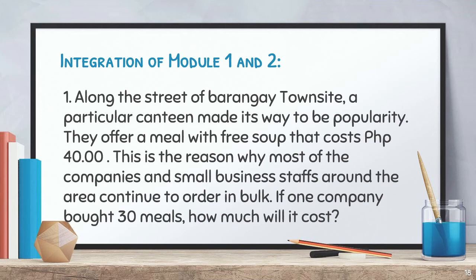If one company bought 30 meals, how much will it cost? As you can see in our problem, the function model was not stated. So you have to come up with the function model, which is lesson number 1. In this part of the lesson, we are integrating Lesson 1 and Lesson 2 from your modules.